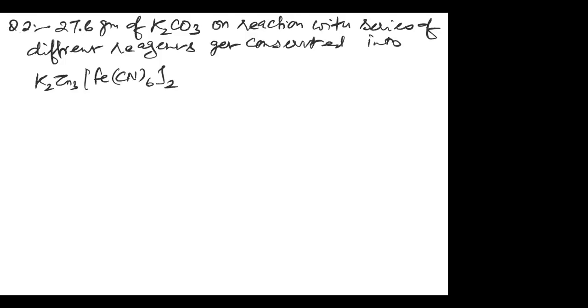So from where does the zinc or iron come? Once we said different reagents, from different reagents we can have zinc or iron there, such that all atoms of carbon get converted into product.